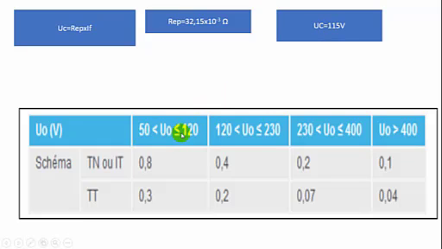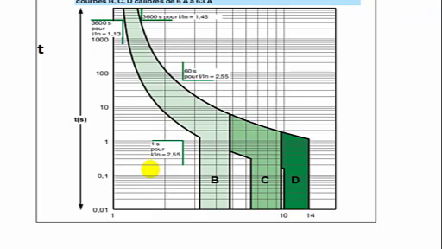We can concretize the driven time Tc by this curve, based on the ratio of the fault current and the normal current. If we have a ratio less than 5, we can extract it by curve B, zone B.